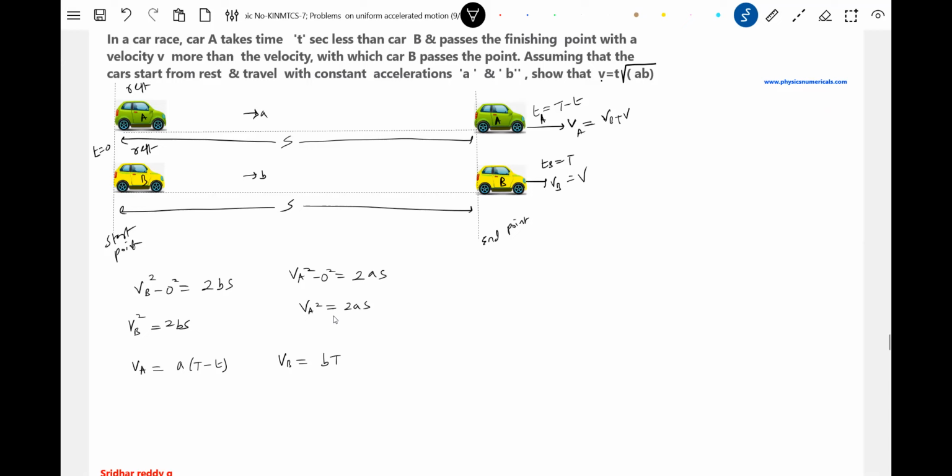So now what is S? S is equal to A by 2 TA square, where TA square will be T minus T whole square. At the same time, again, S is equal to B T square by 2.